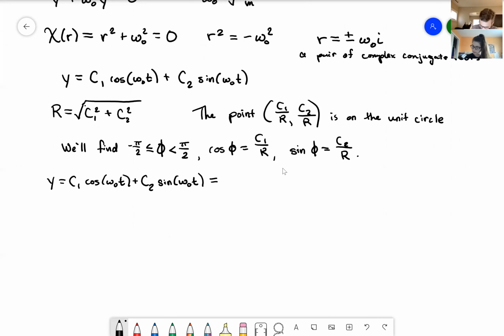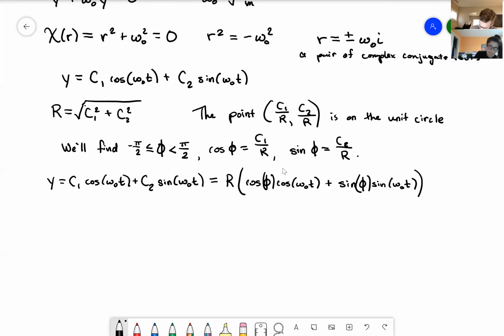We can rewrite C1 and C2 as R times cosine of phi, times cosine of omega 0 t, plus R times sine phi, which is C2, times sine of omega 0 t. Maybe I'll put parentheses to make it a little nicer.